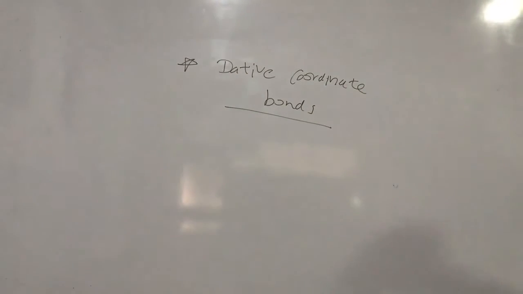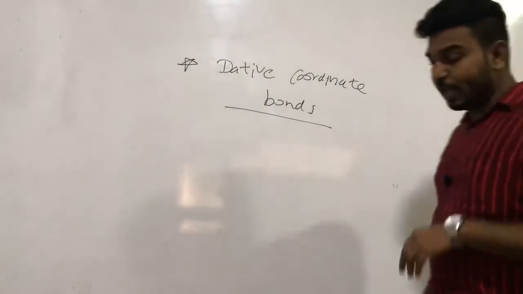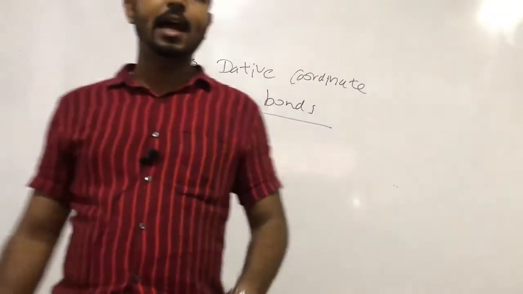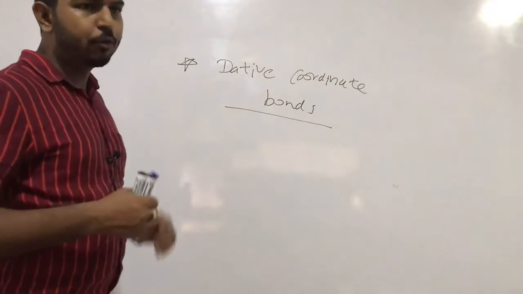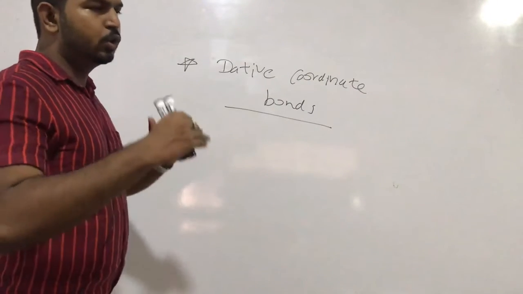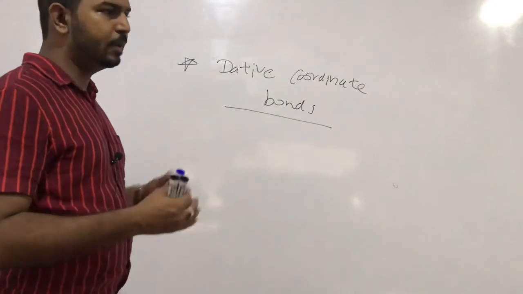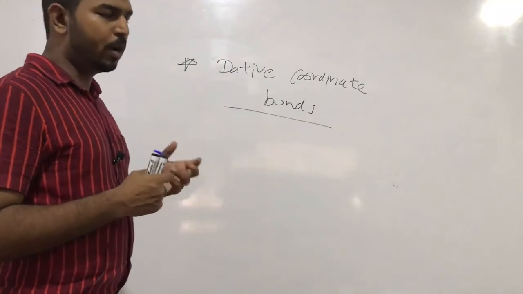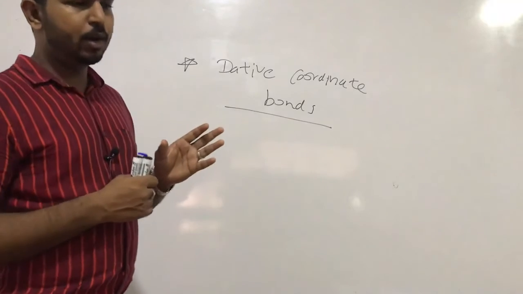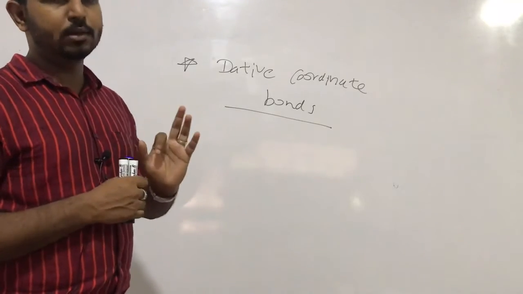Covalent bonds are formed when two orbitals get overlapped. There are two types of covalent bonds, sigma bonds and pi bonds.